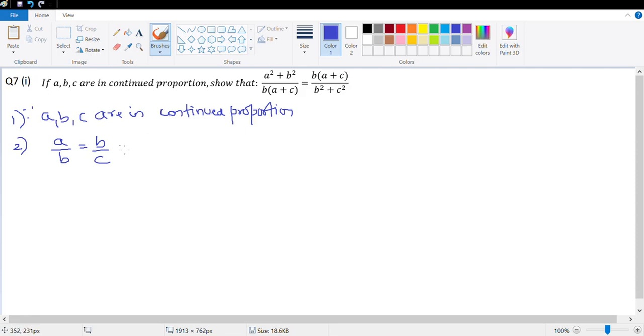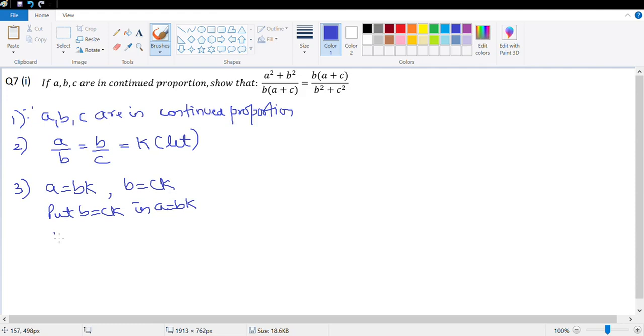Let it be equal to K. We are equating it to K, which means what we get is A is equal to BK, B is equal to CK, and put B is equal to CK in A is equal to BK, and we get A is equal to CK multiplied with K.